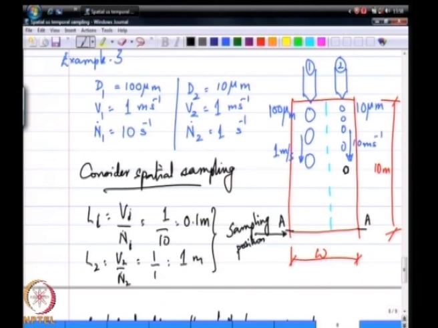So, if the size was 10 meters, I will still end up getting the proportion of the drops D1 to D2 would still remain the same, because the physical spacing between them is still the same.